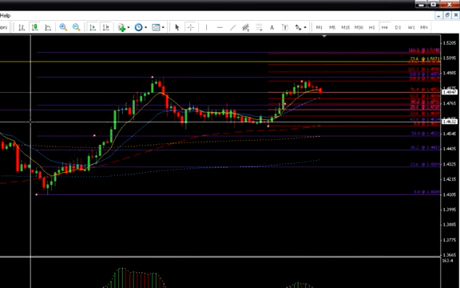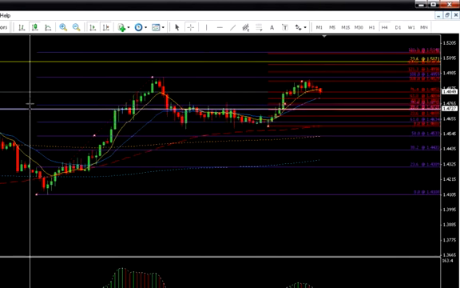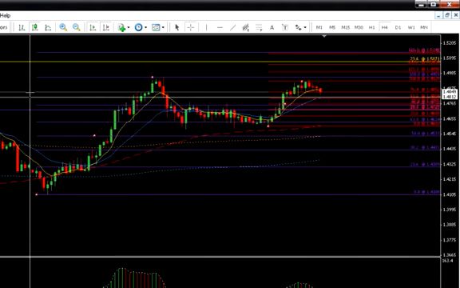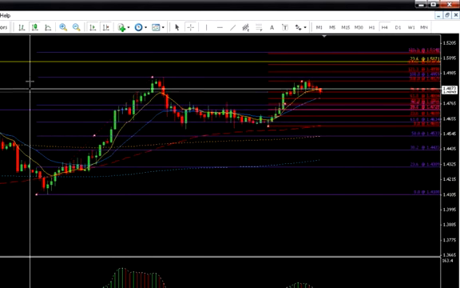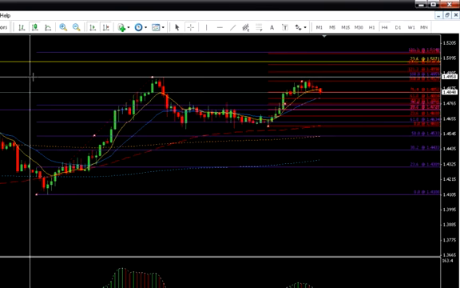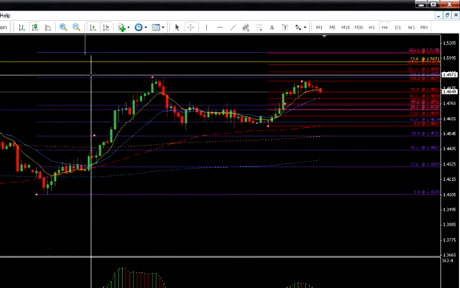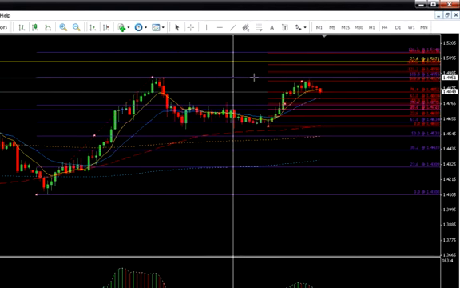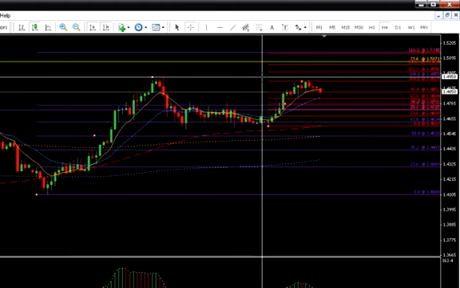Now, if it finds support there, you can basically say that your primary target is 3 on from that. So 1, 2, 3. So that's where your target is there, and that's where you can see where it's kind of held there. That's your primary target.